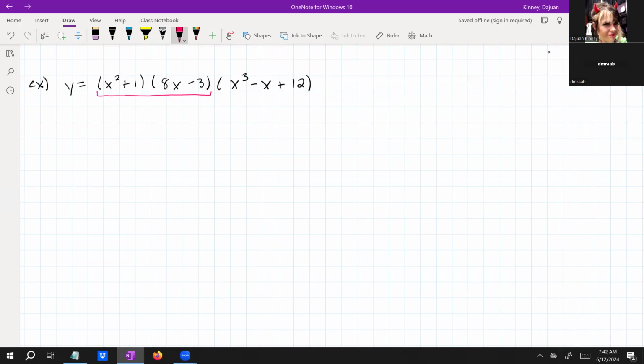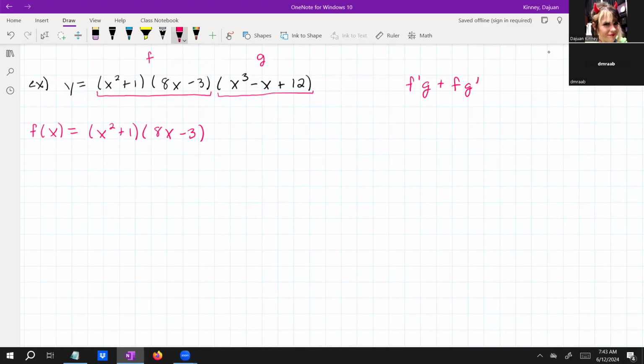This is going to be my f function. And this is going to be my g. And now my f prime, actually, let's just write our f first. And remember, we want f prime g plus f g prime.